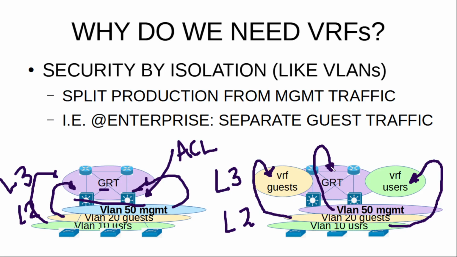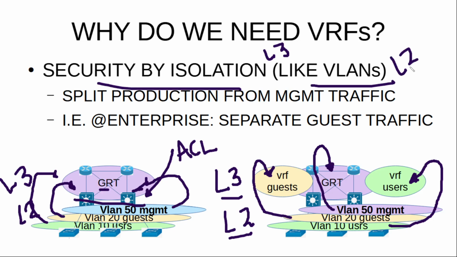So in this sense, you are able to separate traffic successfully at layer 2 and layer 3. So in summary, VRFs provide security by isolation at layer 3, pretty much as what we used to accomplish with VLANs at layer 2.